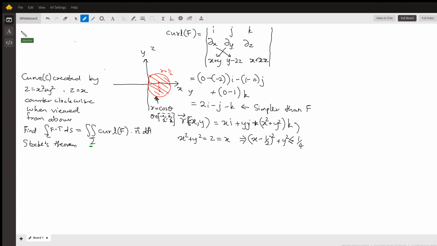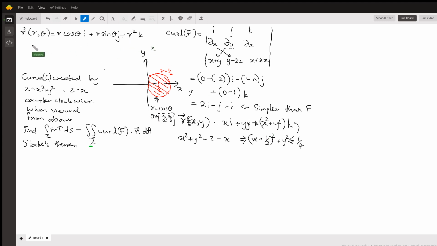So let me rewrite this parameterization. R, this vector, I can write it in terms of r and theta. So x will be r cosine theta i, plus y will be r sine theta j, if you're familiar with the usual circular coordinates, plus x squared plus y squared will be r squared k.